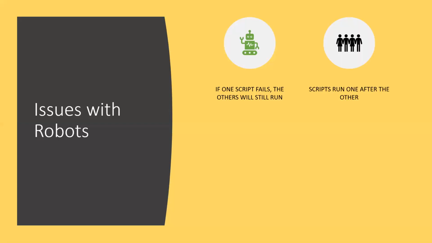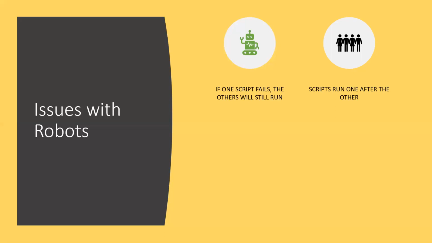Now, another issue is that scripts run one after the other. So I have, let's say, a script that analyzes the payroll data, and a separate script that performs tests on fixed assets. Logically, I would like to run the payroll tests and at the same time run the script for fixed assets, so that I can get the results faster, both of them running at the same time.